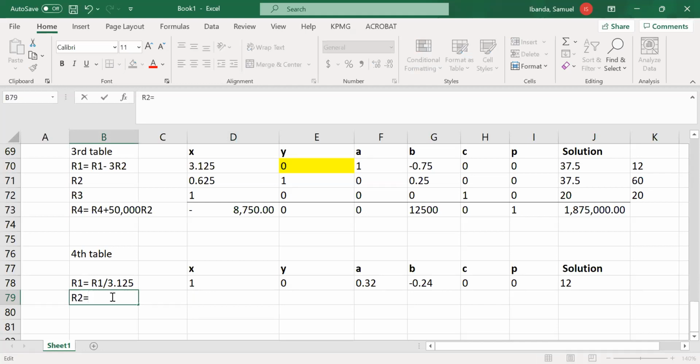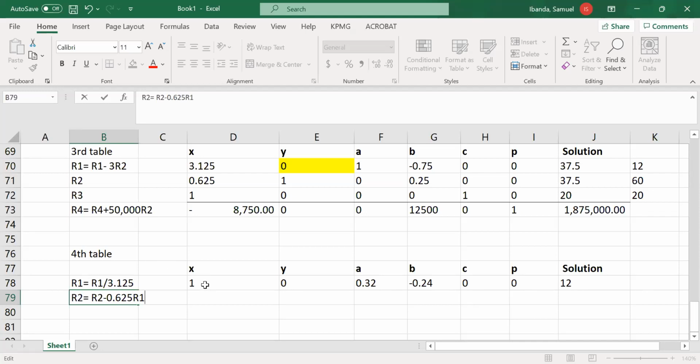So for me to get my row 2, it will be what is already existing in row 2, because I need it to be 0. So minus 0.625 R1.